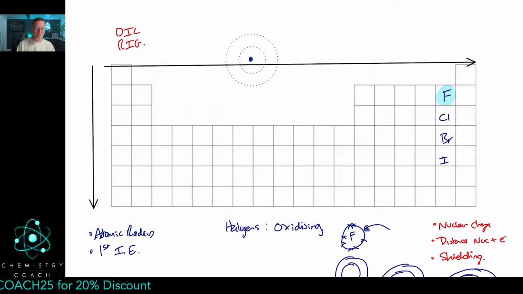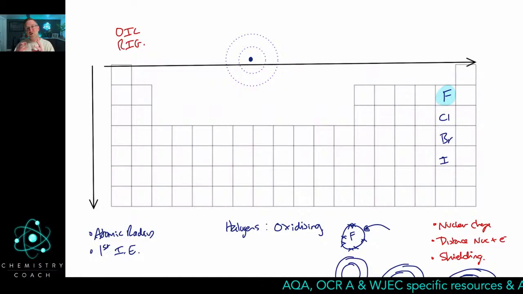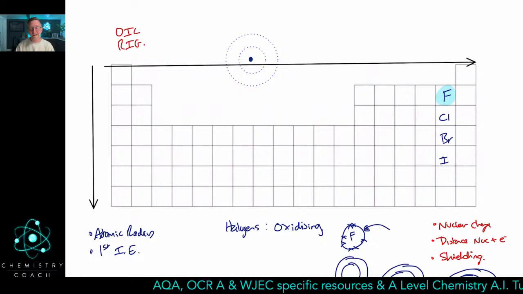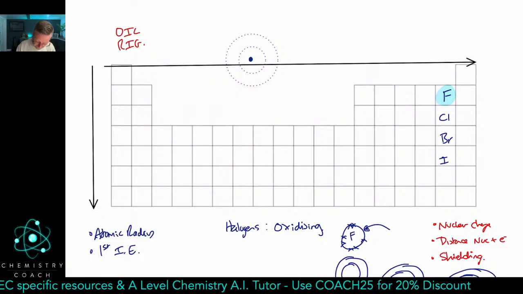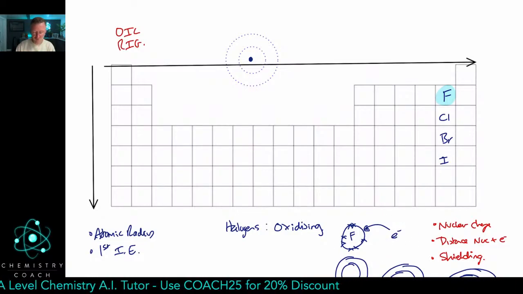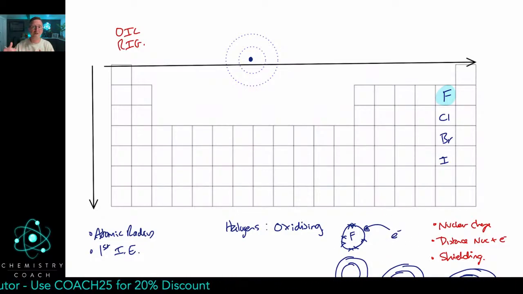Okay, it has the smallest nuclear charge, fair enough, but because it's got a very small amount of shielding, because it's a very small atom in terms of atomic radius, it's really good. If an electron comes past fluorine, it just grabs it. It's like, that's mine. Okay, the electron's really attracted to it. So fluorine, that's why it's a really good oxidizing agent.